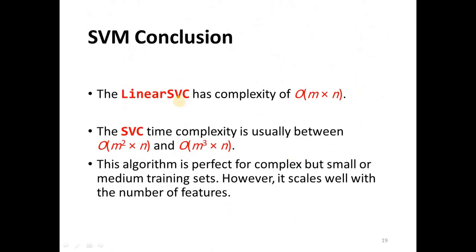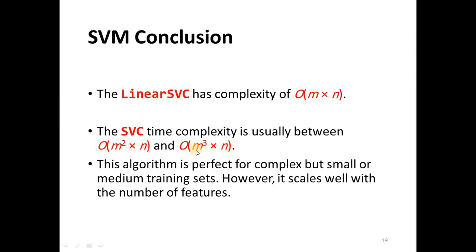To summarize, in general, SVM models are very powerful. The linear SVC classifier has complexity of order m times n, m number of instances and n number of features. But the SVC with nonlinear classification models has a time complexity usually between order m squared multiplied by n and order m cubed multiplied by n.